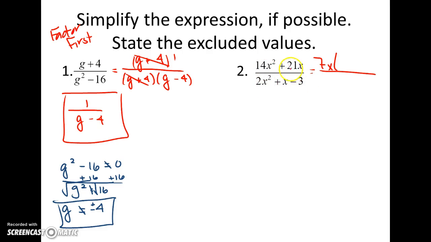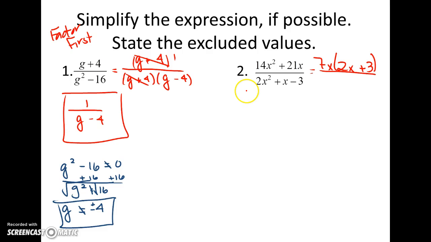There's an x squared and there's an x, but there's not a constant. So I'm taking out a 7 and an x, and what's left? Well, 7 times what gives me 14? 2. And if I had x squared and I took off one of the x's, I still have an x left over. And then 21 divided by 7 is a positive 3. There are no more x's here because I took it out.